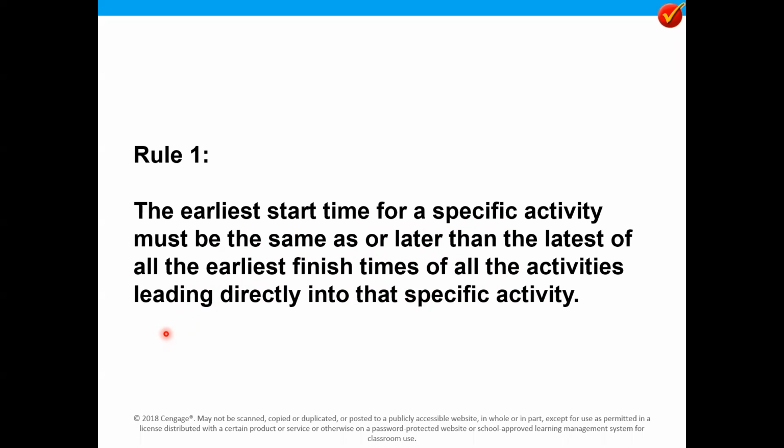An activity cannot start until all the preceding activities have been completed, and the earliest start time of that activity will be after the earliest finish time of all the preceding activities. In essence, that is the rule.